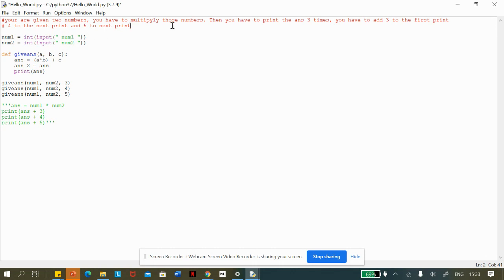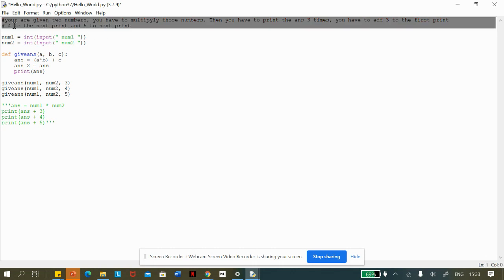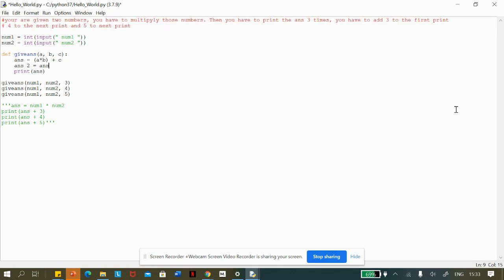Let's say the question asked us to square root all of the numbers that we got. So then you would have to do answer times answer, and after square rooting it asked us to cube the numbers. So we would say answer 3 equals answer 2 times answer 2 times answer 2.